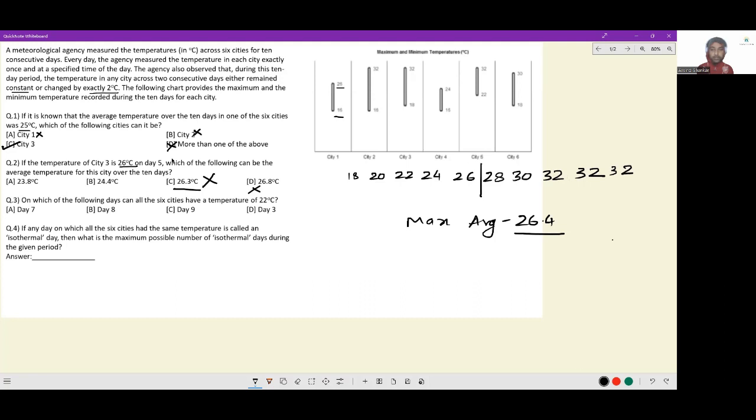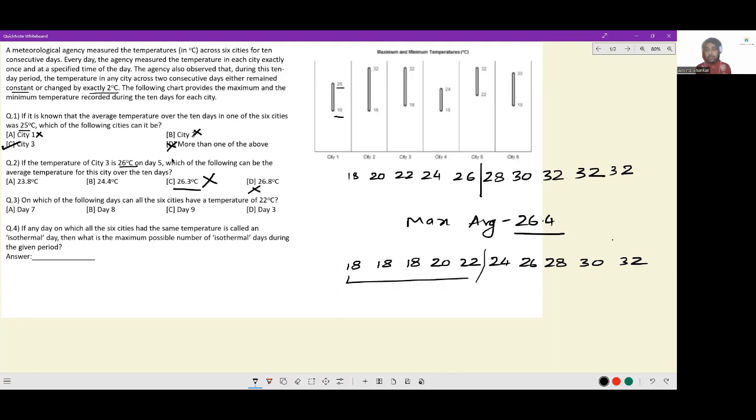Now these two are possible. Let me try out the min average storyline. The min average storyline would be when instead of 2 repeat 32s, I get 2 repeat 18s. 18, 18, 18, 20, 22, 24, 26, 28, 30, and 32.